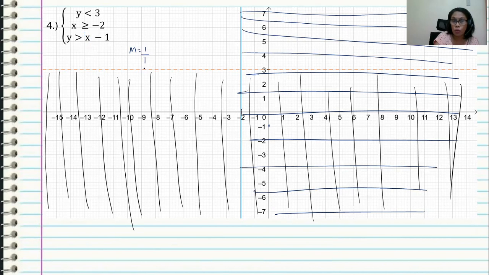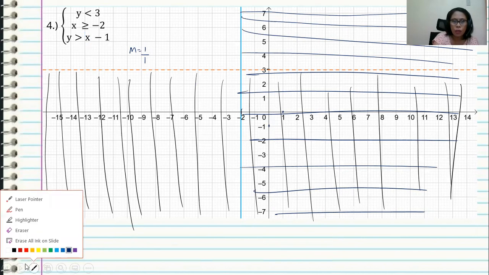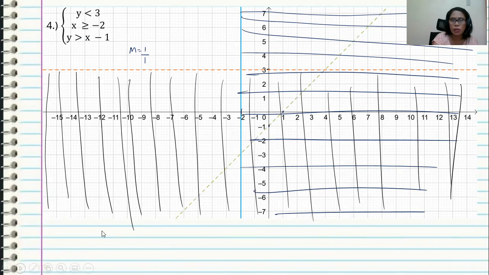So this is the same as 1 over 1. So from this point, we will move up by 1 unit and run by 1 unit. So we got another point. Connecting the 2 points, we have this. And since this is greater than, we're going to shade the upper portion of this dash line.